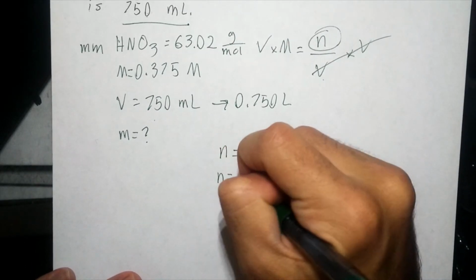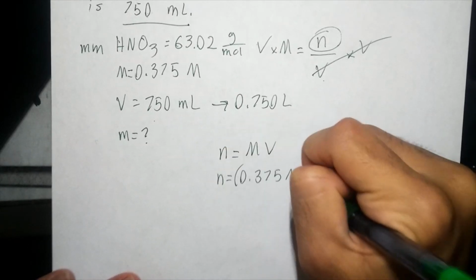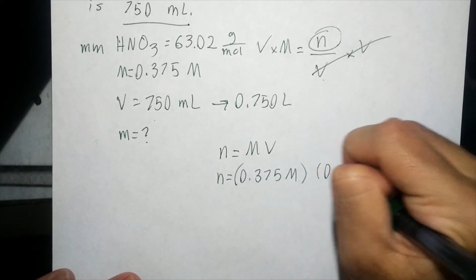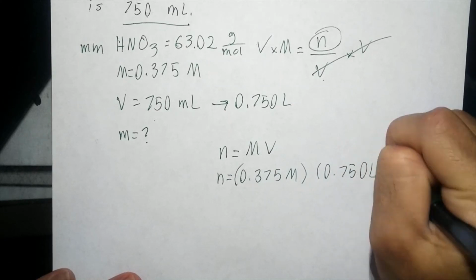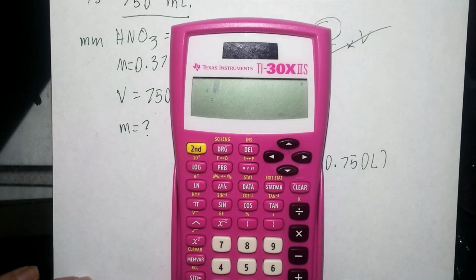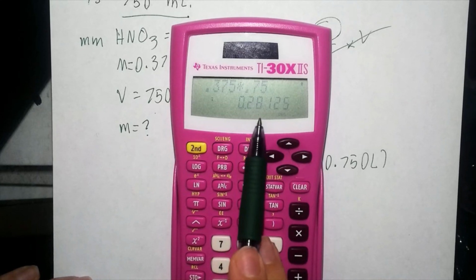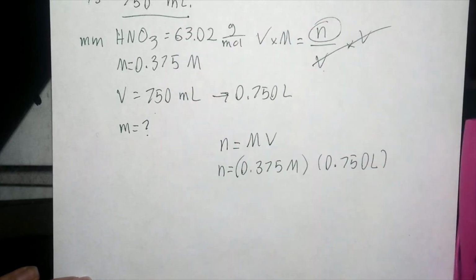So n is equal to 0.375 molar times 0.750 liters. When you do that, it's 0.375 times 0.75, so you should end up with 0.2813 moles.